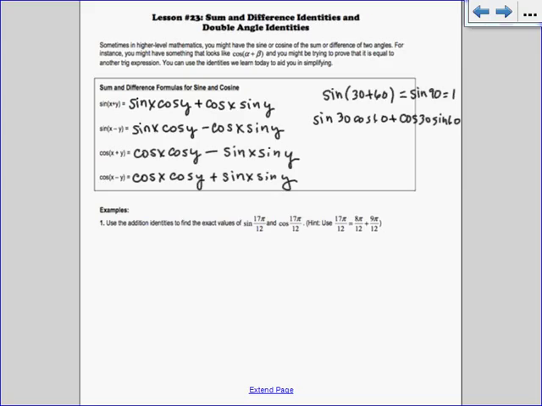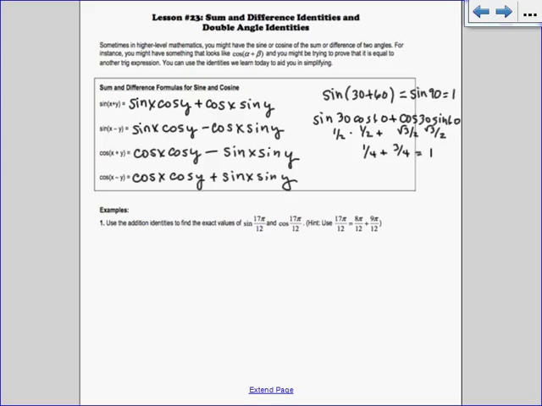So you can say, okay, sine of 30 is 1/2, cosine of 60 is 1/2. And then this one is square root of 3 over 2, square root of 3 over 2. So you end up getting 1/4 plus 3/4, and that does equal 1. So you can always kind of figure out what they are based on angles that you already know. But like I said, they aren't too hard to memorize.